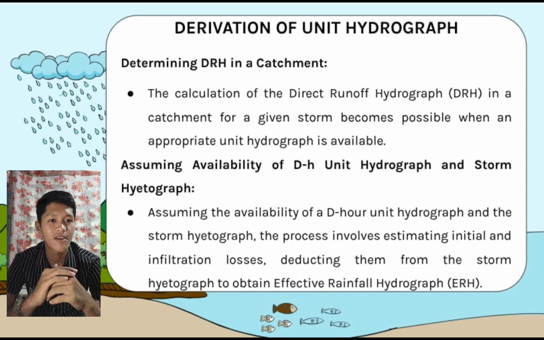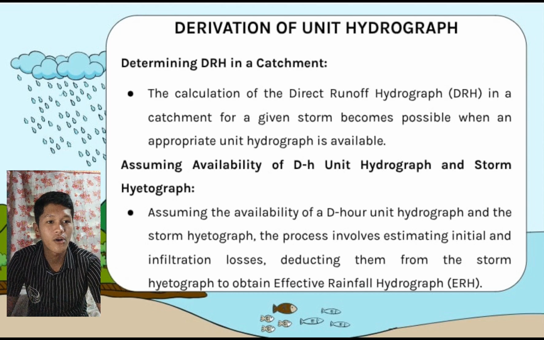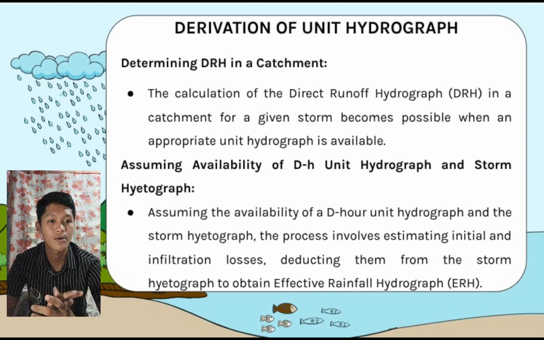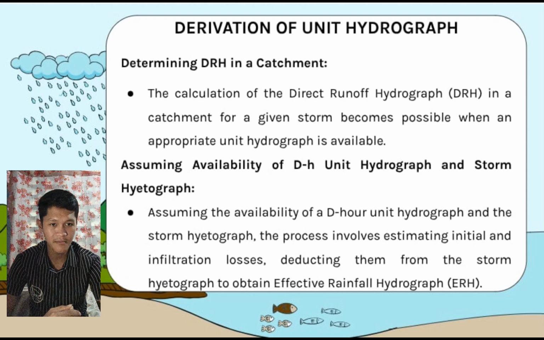So next is derivation of unit hydrograph, determining a direct runoff hydrograph in a catchment. The calculation of the direct runoff hydrograph, or DRH, in a catchment for a given storm becomes possible when an appropriate unit hydrograph is available. Next one is assuming availability of a direct runoff hydrograph, unit hydrograph, and storm hydrograph.